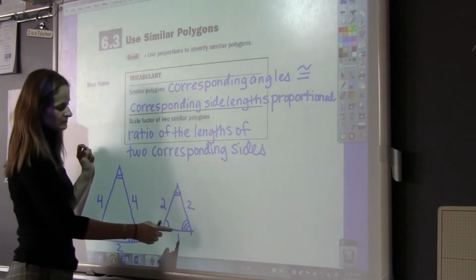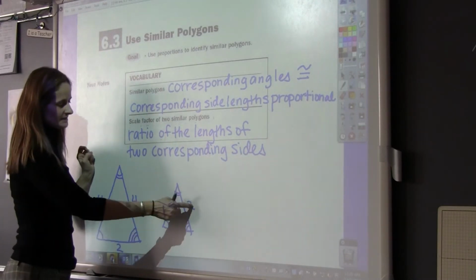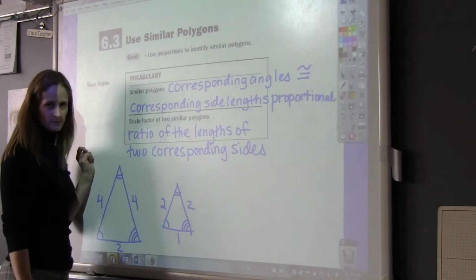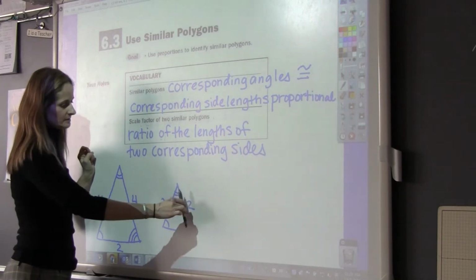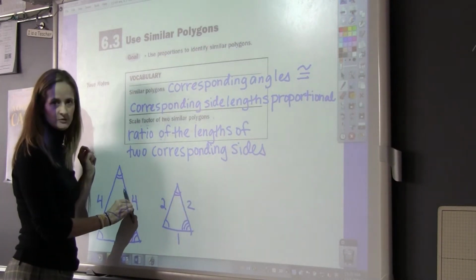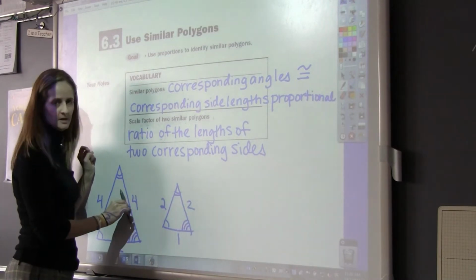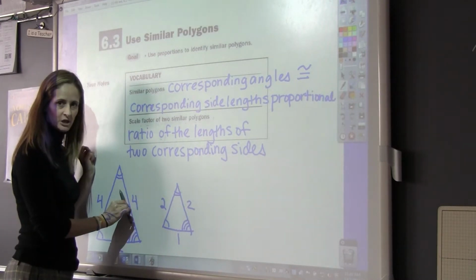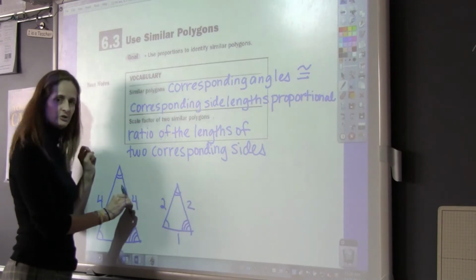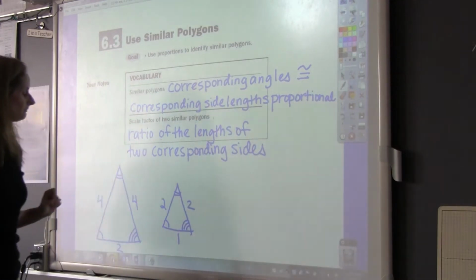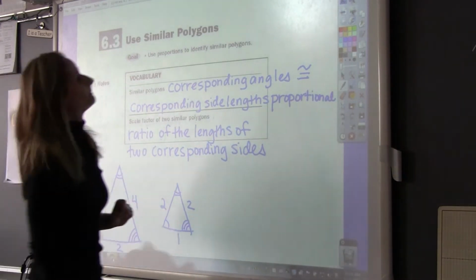This ratio should be the same for all those sets of corresponding sides. So these two sides correspond to each other. They should also have the same scale factor, the same ratio. For every 1 here, there's 2 here.